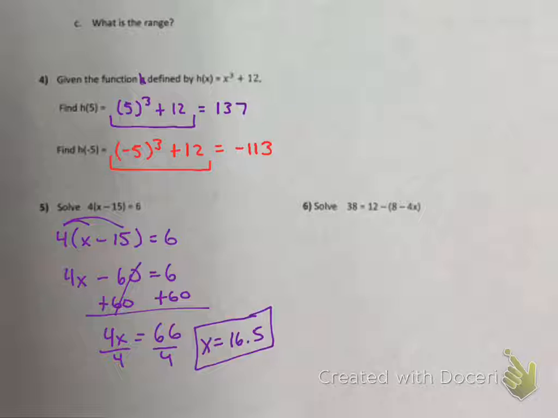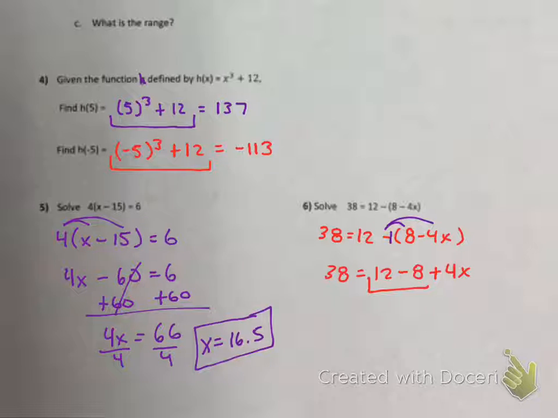Question 6 is done very similarly. We've got 38 equals 12 minus the quantity 8 minus 4x. Keep in mind this subtraction sign here is actually just a -1 that we have to distribute throughout. So we've got 38 on the left equals 12 minus 8, but now -1 times -4 is +4, so plus 4x.